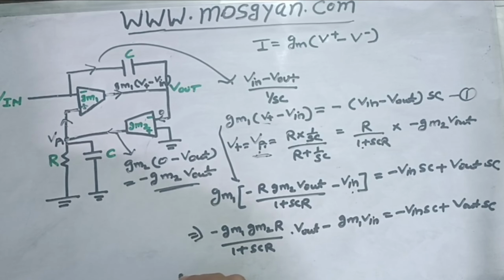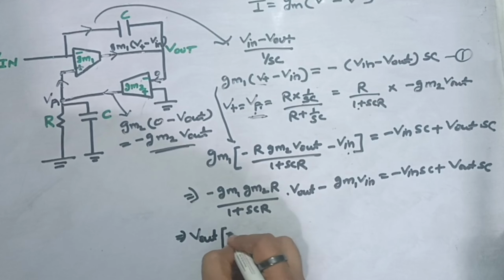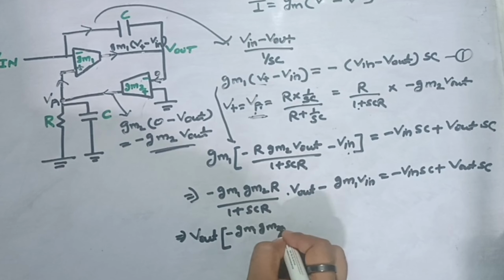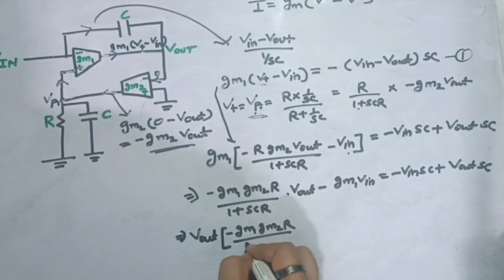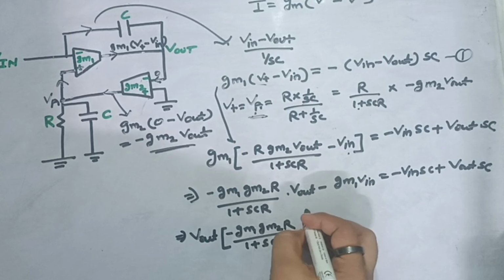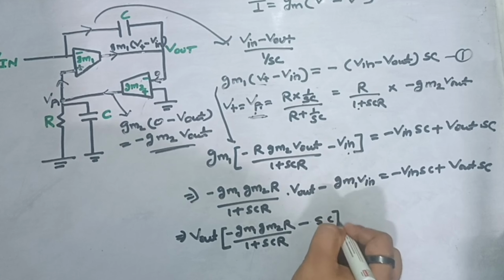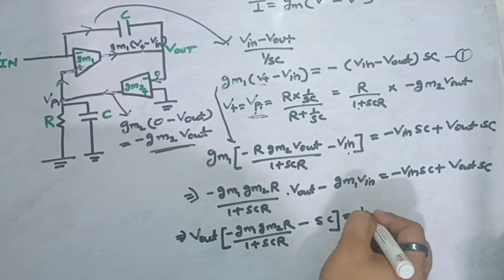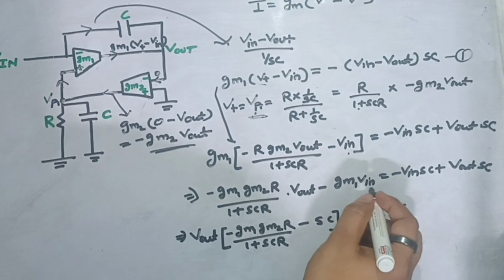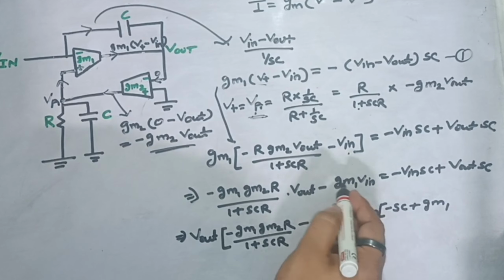So let's bring the Vout terms together on the left hand side. So we will get minus of Gm1 Gm2 R upon (1 plus SCR). This Vout term will also come here, so we'll get minus of SC. Similarly, if I take Vin as common, I will get minus of SC plus Gm1 because of this term here.